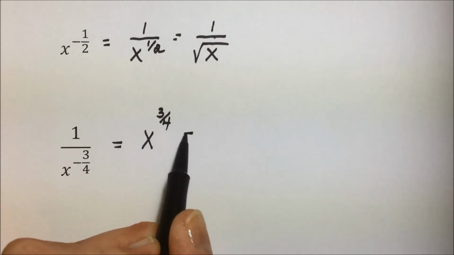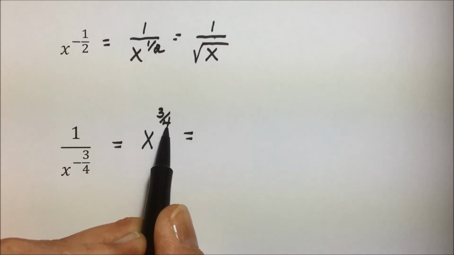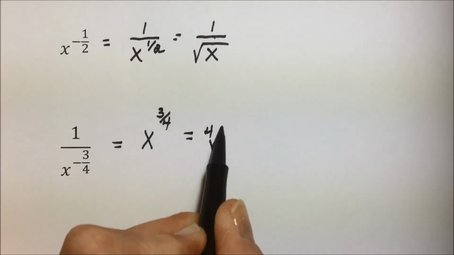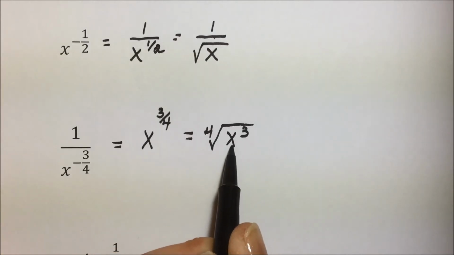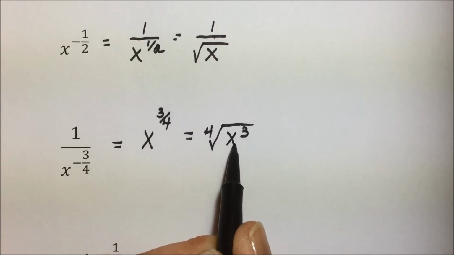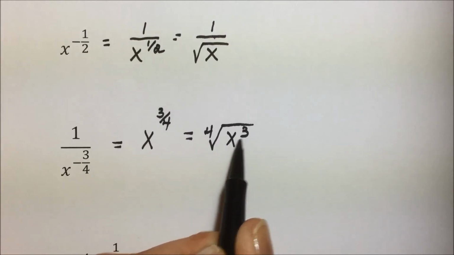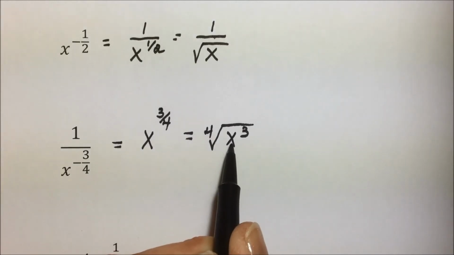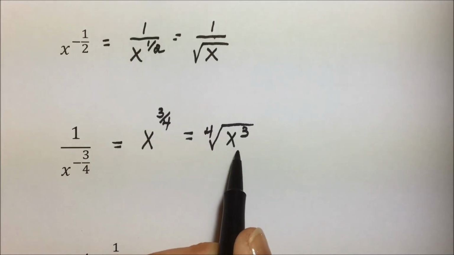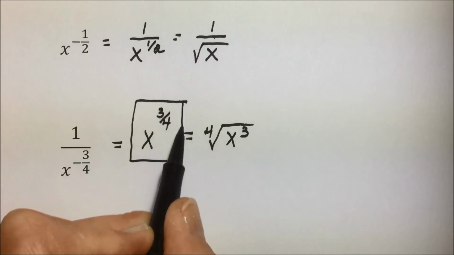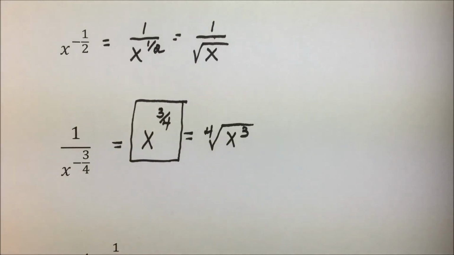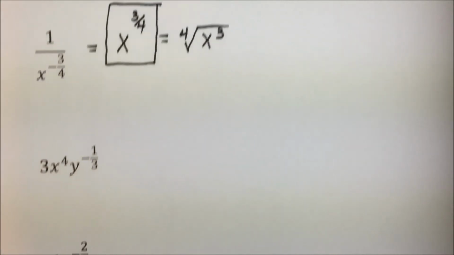And just to show you what that means, remember the denominator is our index. We're taking the 4th root of x to the 3rd power. We only have 3 x's multiplied together here. It's not large enough to take the 4th root. We're looking for 4 of a kind, and we only have 3 of a kind. So this would be fine for a simplified answer. Only if the directions said in radical form would we take it a step further.